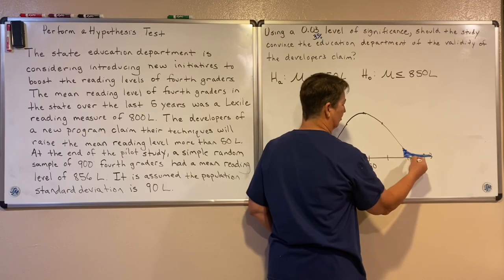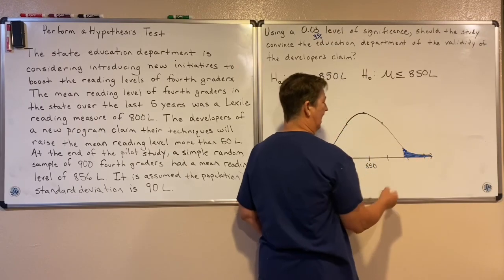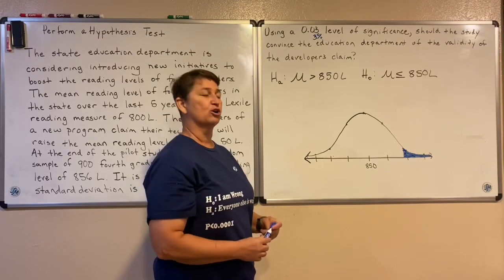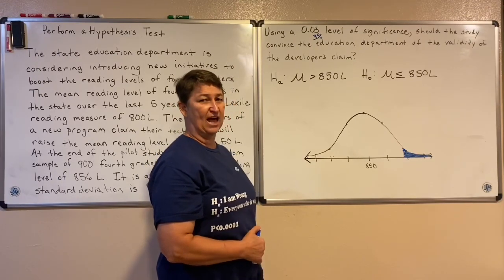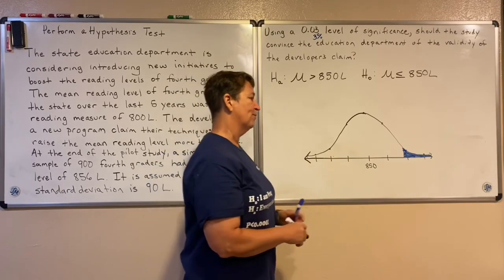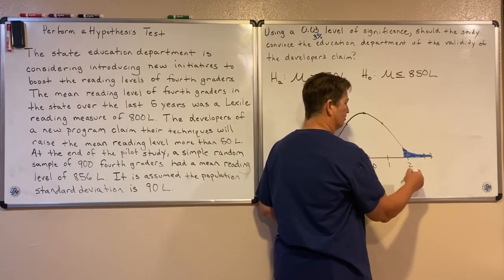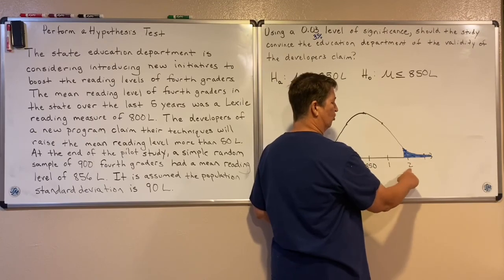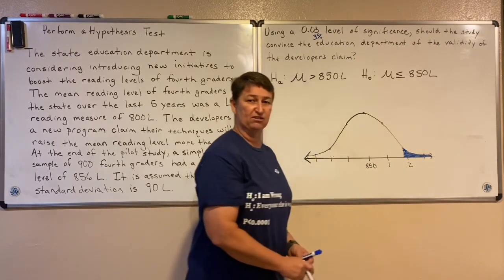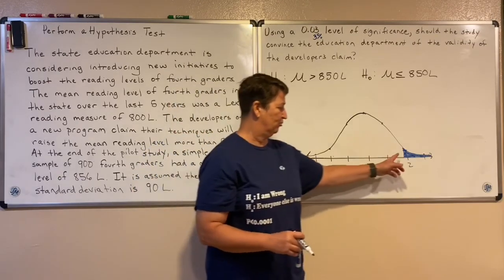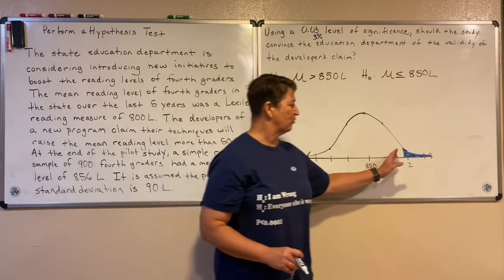Somewhere in here. If I wanted to find that exact z-score, I would go to a z-score calculator or look on my z-score chart to find exactly where my rejection region begins. But right now, we know it's somewhere between 1 and 2, really close to that z-score of 2. So like 1.9 or something like that would be my z-score. So there's my rejection region.